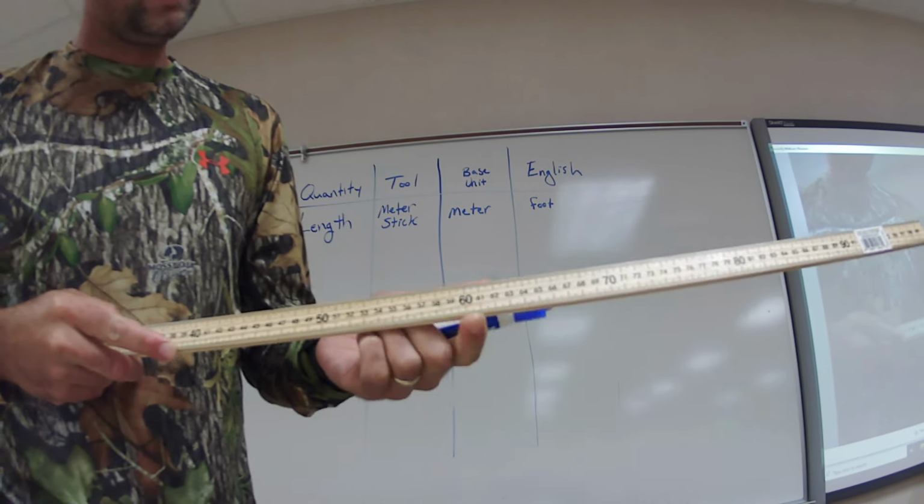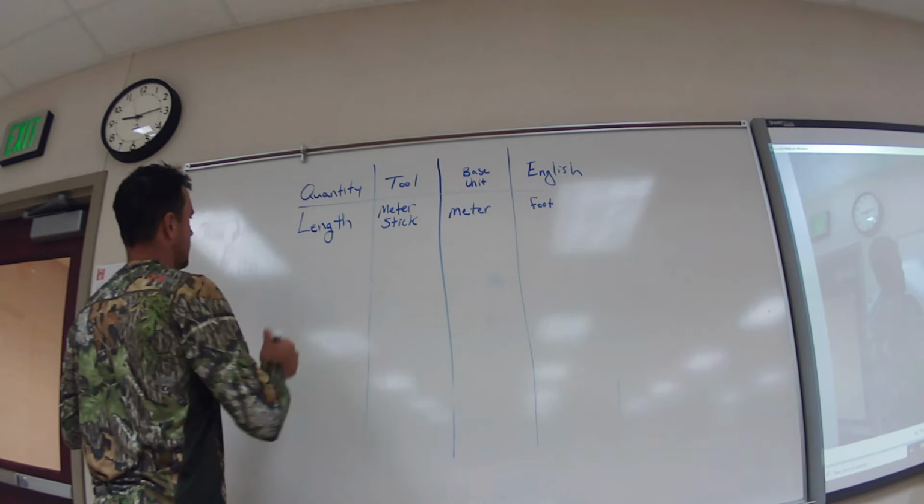This whole thing is 1 meter. And then the little tiny ticks are for the millimeters, which is 1,000th of a meter. So these are accurate enough to measure millimeters really for you. Generally speaking, we're going to measure things like a classroom in meters and smaller things in centimeters. Those are the two that we're going to use the most, but the base unit with no prefix is the meter. Right?